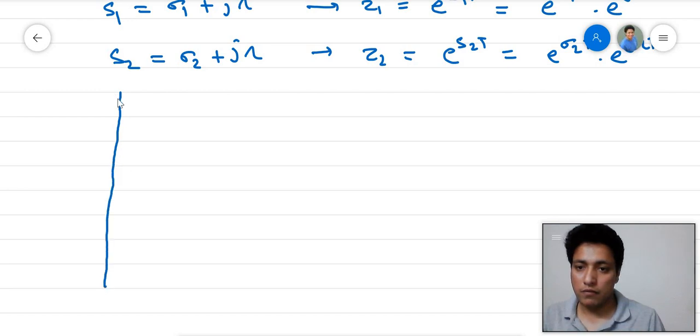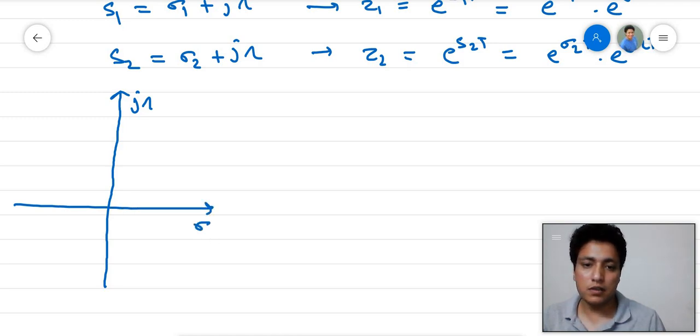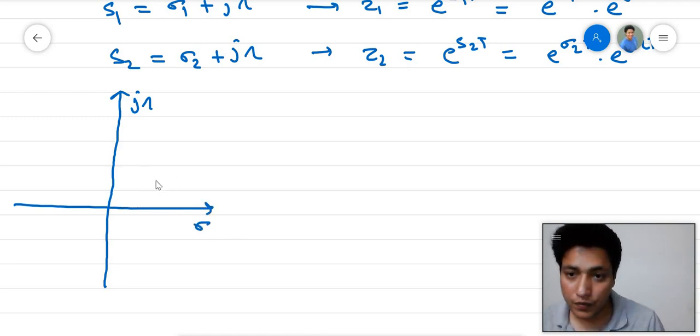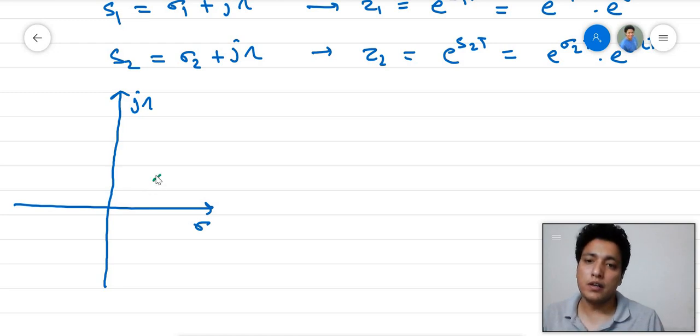So we have this j omega axis, then we have this sigma axis. We have one pole located at this sigma 1, another at j omega. They are working at the same j omega, so this is sigma 1, sigma 2.